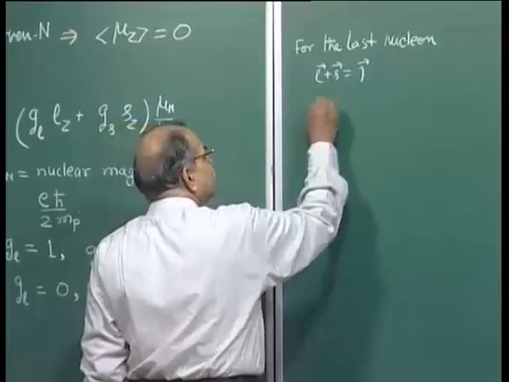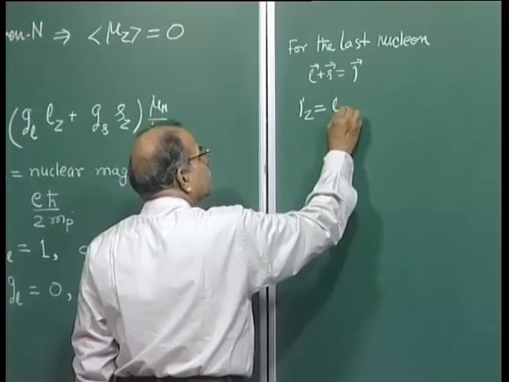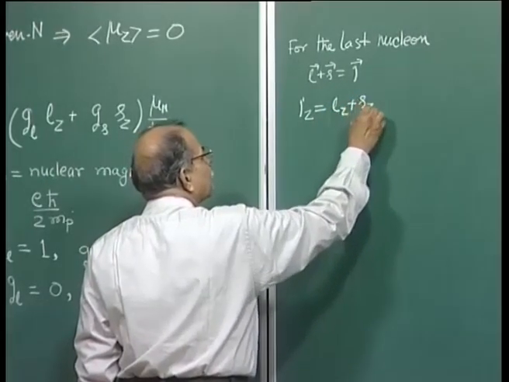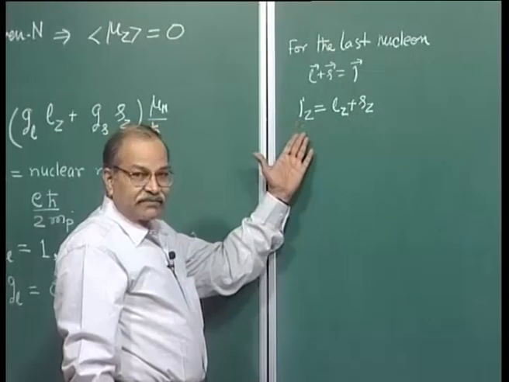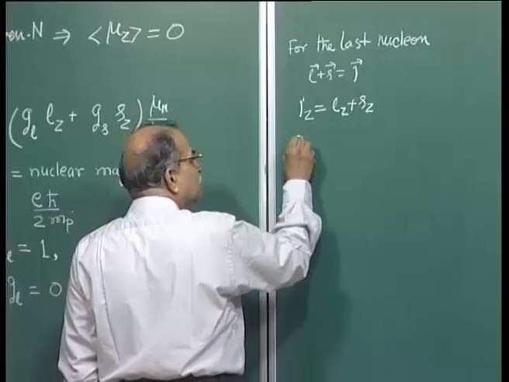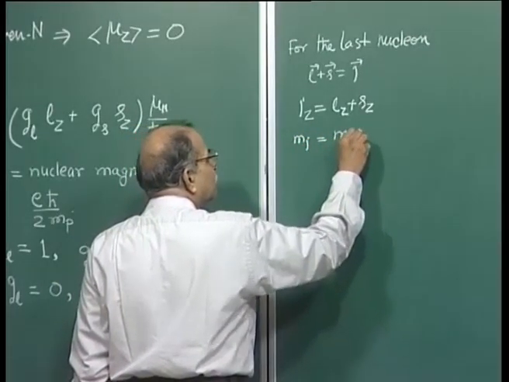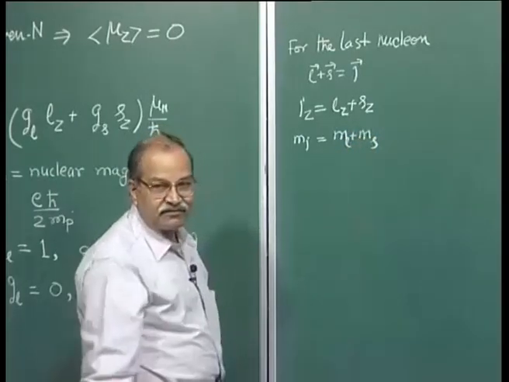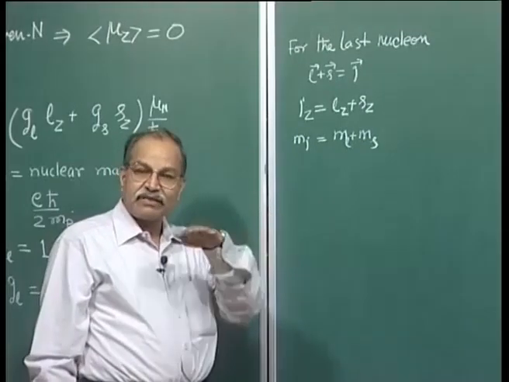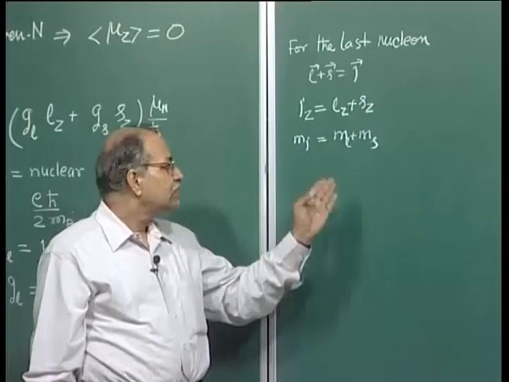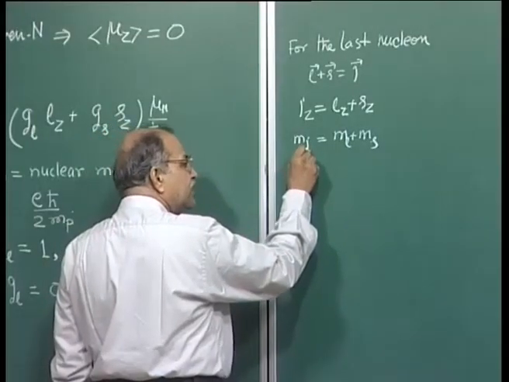So, you have Jz equal to Lz plus Sz, this is fine, and the corresponding quantum number Mj is equal to Ml plus Ms, this is fine, and for a given energy state in this nucleus, you define that state by giving the value of J and Mj.